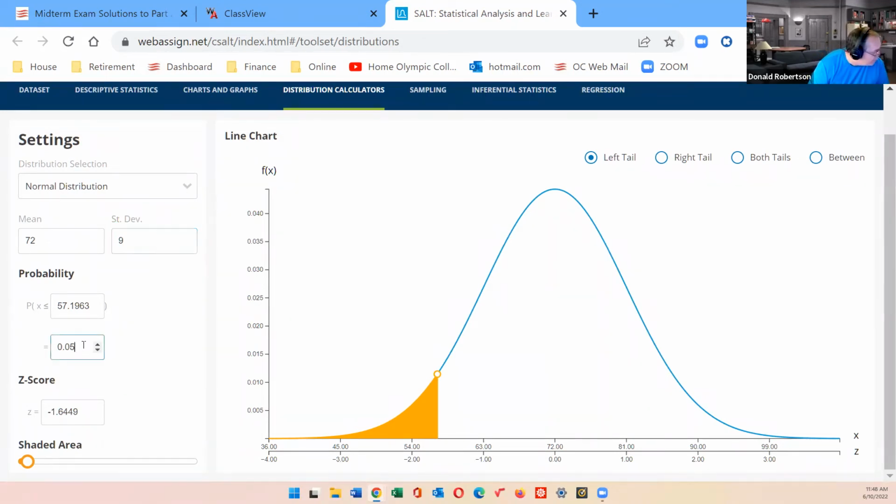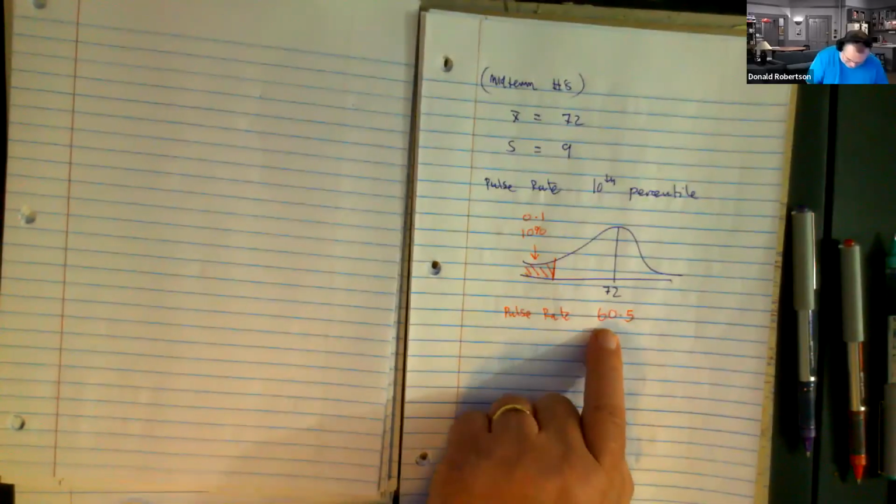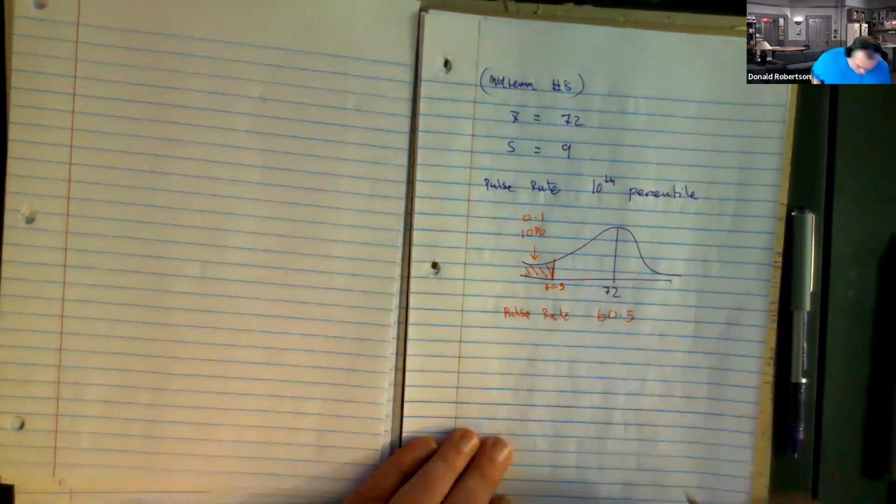But I want this number here to be 10%. And so the answer is that guy. So you would need to get a pulse rate, say to 1 decimal place, of 60.5 to be in the 10th percentile. So let me return back to the white screen. That number there would be 60.5.